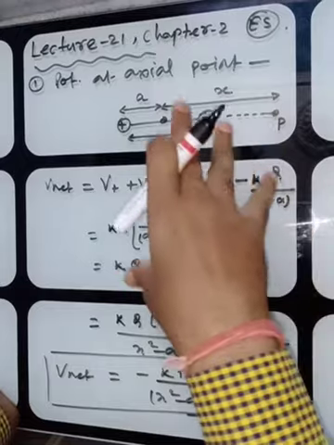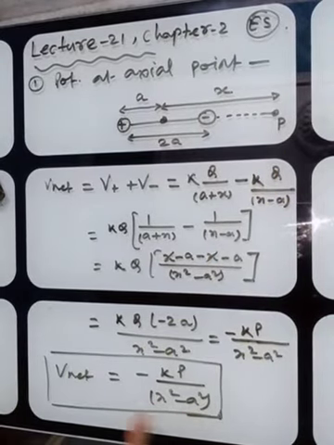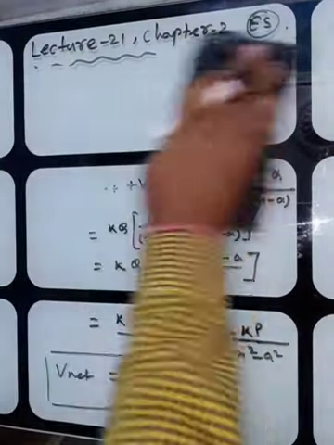Now for the equatorial point. Students, you can also write this equation for the short dipole, you can simplify.